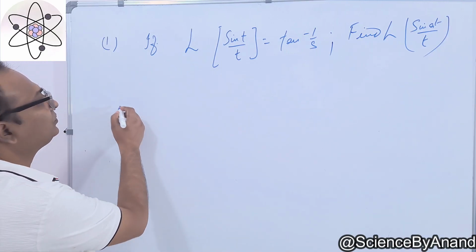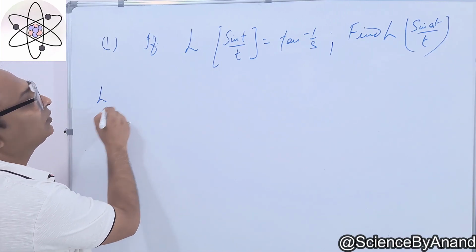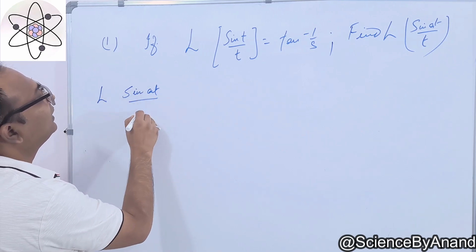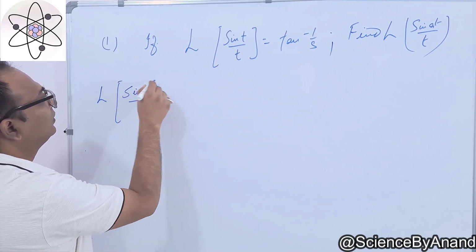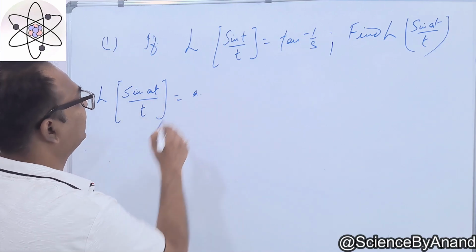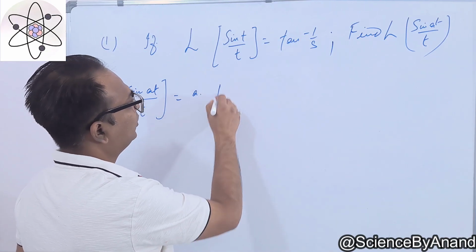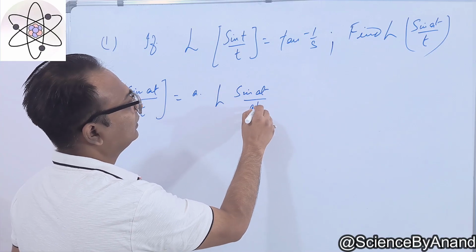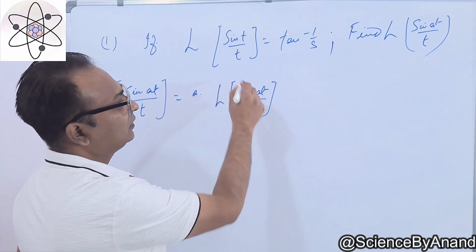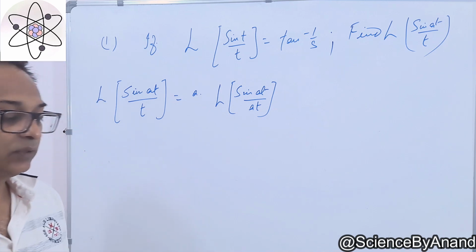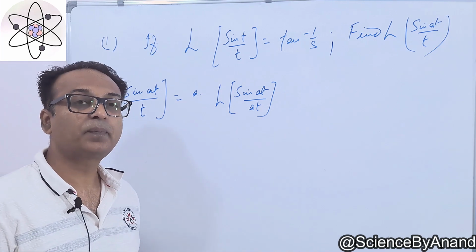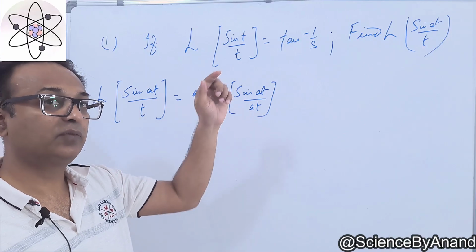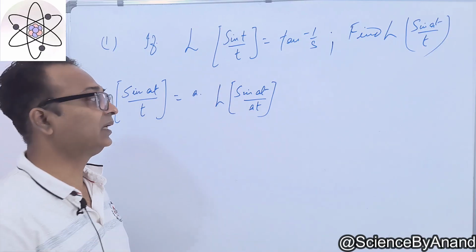What we will do? We have to find the value of the Laplace transform of sin at by t. So we multiply it with a. This will now become sin at by at. The third property that we just saw, the change of scale property, says if we have a function of at, it will become 1 by a times the function of s by a.